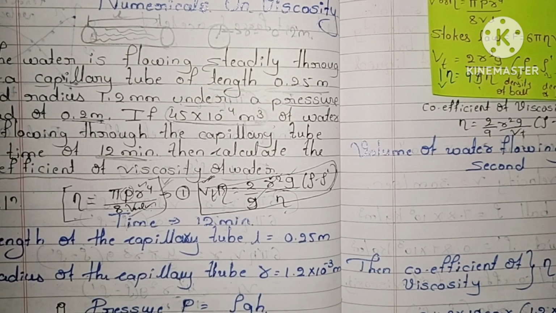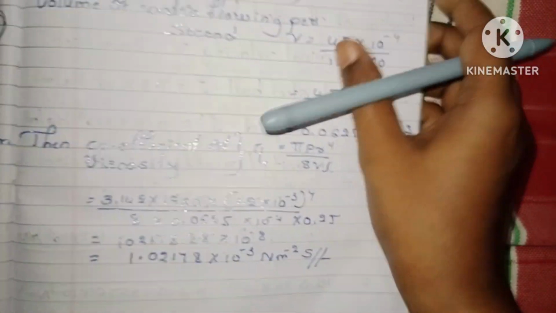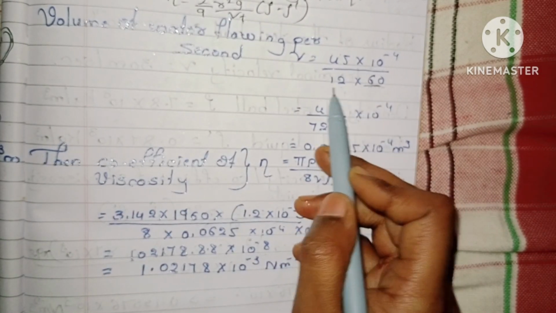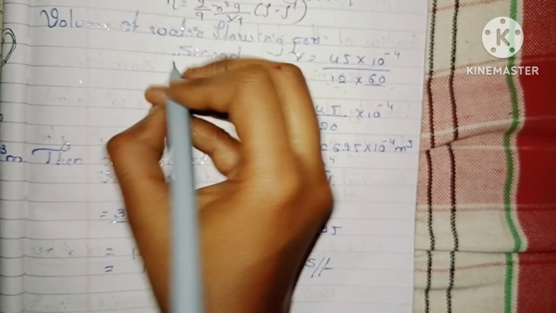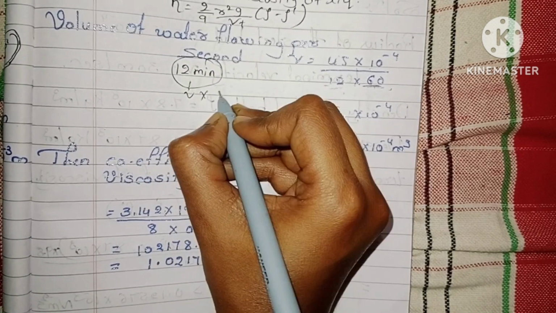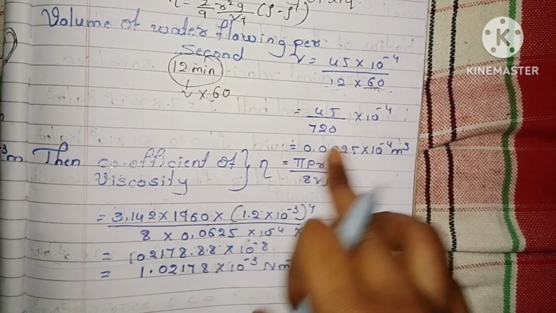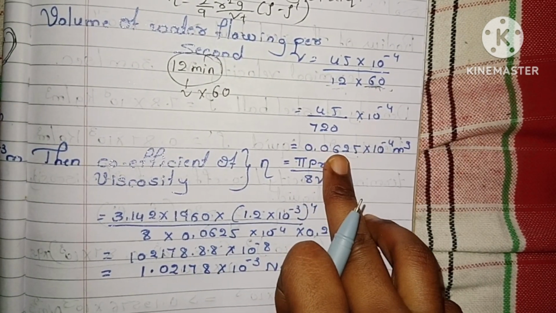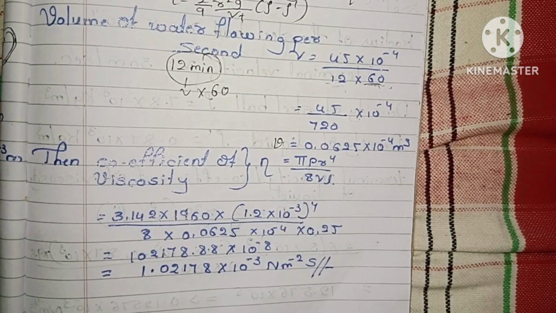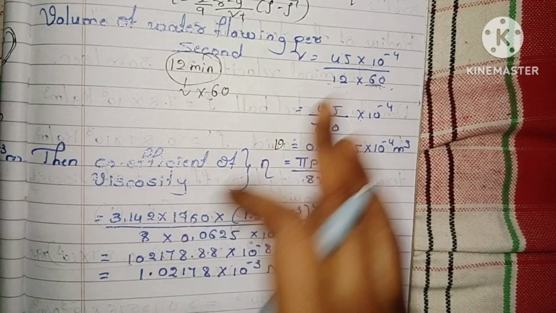To convert to volume per second, we just multiply 12 by 60, so the 12 minutes is converted into seconds. Then do this calculation, and you get 0.0625 × 10⁻⁴ meter cube, the volume of water flowing per second.